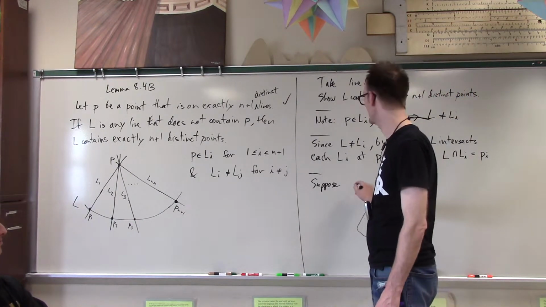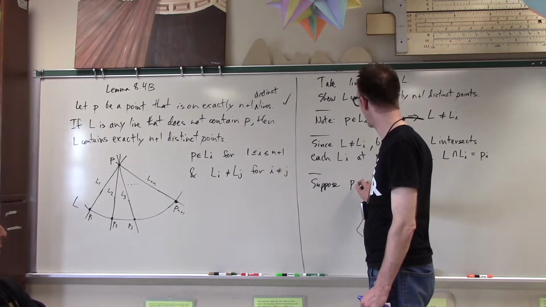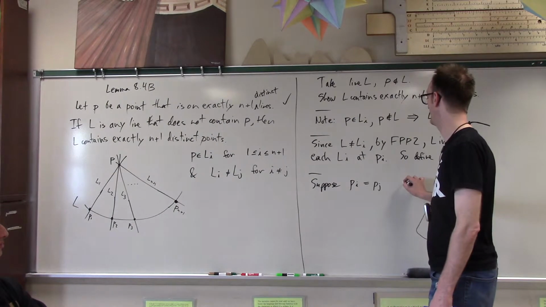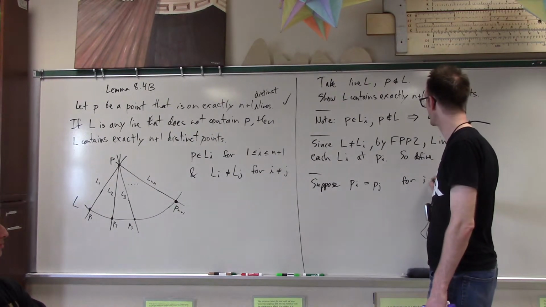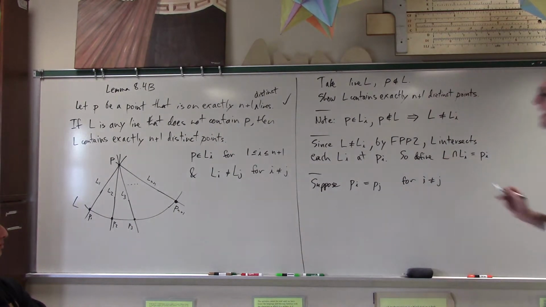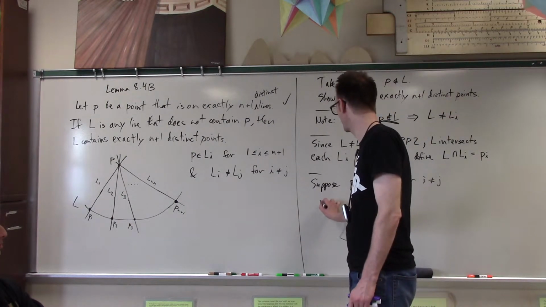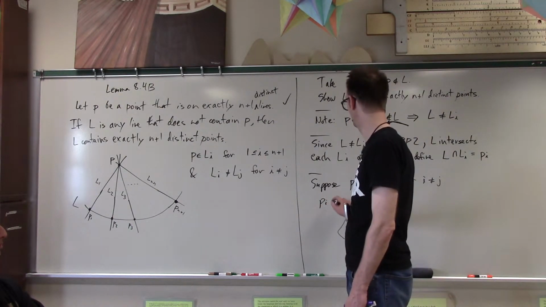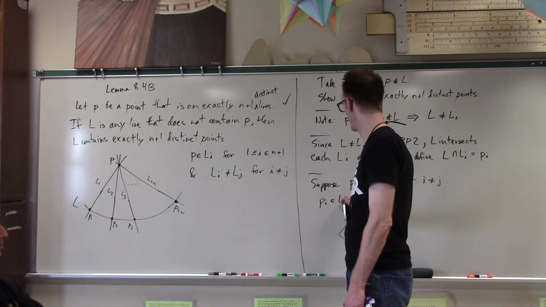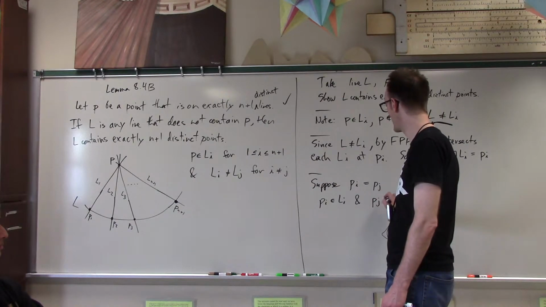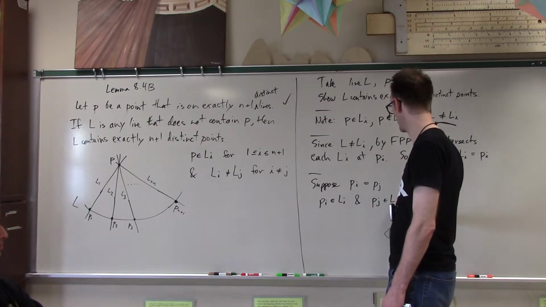So suppose that Pi was equal to Pj for some i not equal to j. Why is that impossible? Well, if Pi is Pj, then I have Pi on Li, and I have Pj on Li as well.